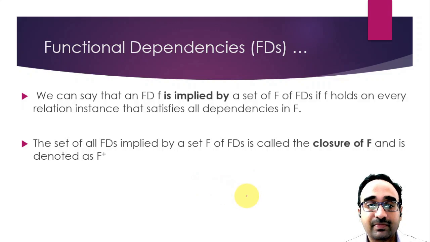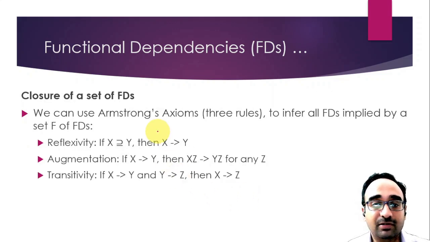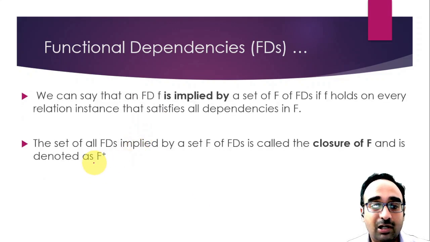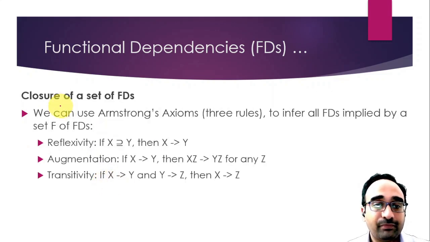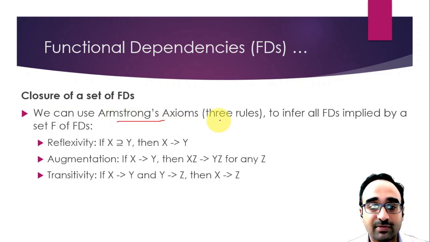Right, now how do you find F closure, that means the closure of F? We will use something called Armstrong's axioms. There are three rules proposed by Armstrong, which are used to find the closure set of functional dependencies.